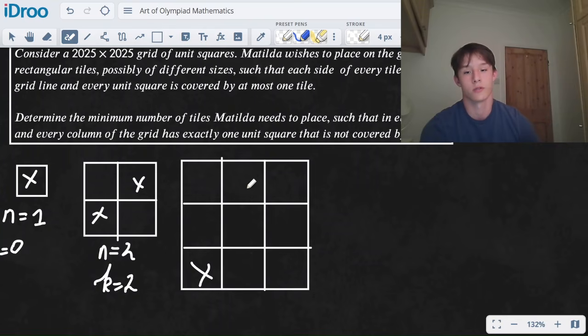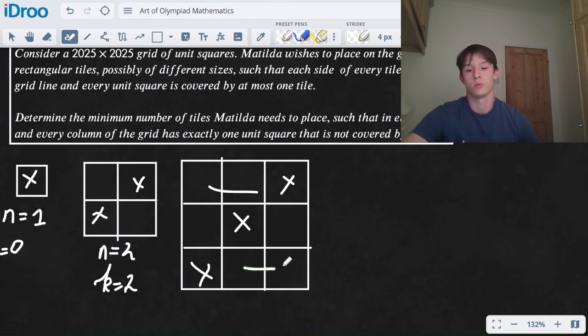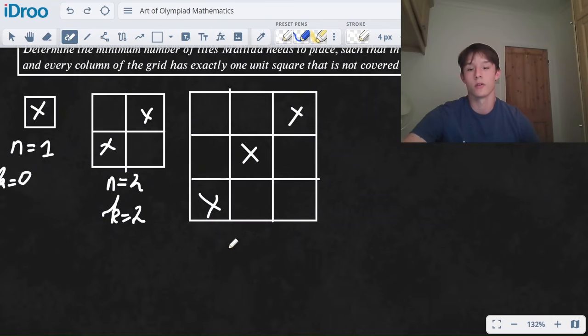Then we're just left with the 2 by 2 square, and you get all like this, which gives you 1, 2, 3, 4 as the answer, or like this, which also leads to 4. So we do know that for n equals 3, the answer is k equals 4.